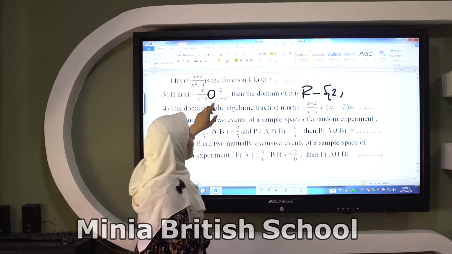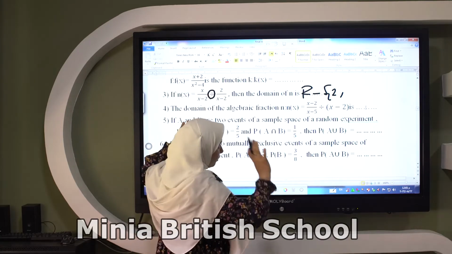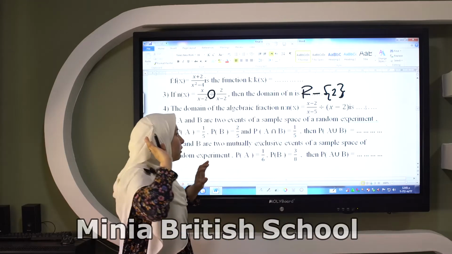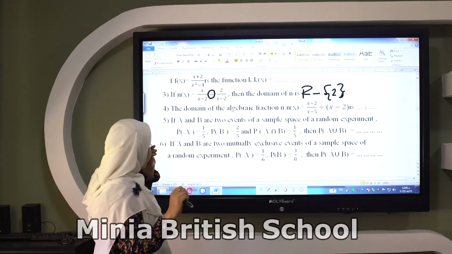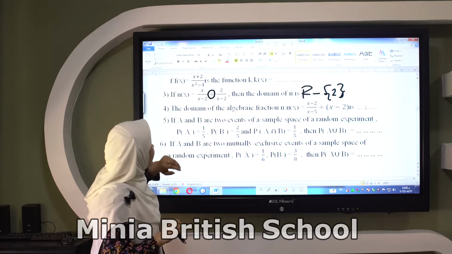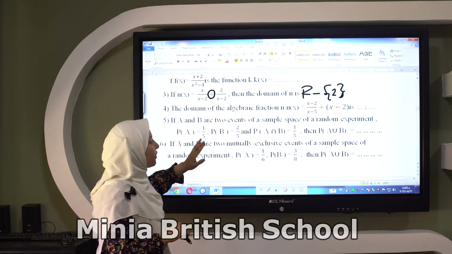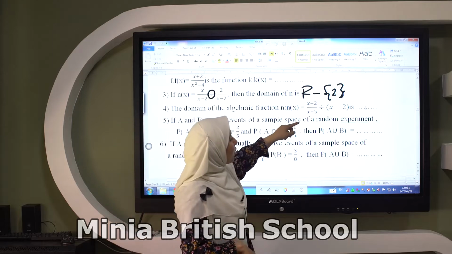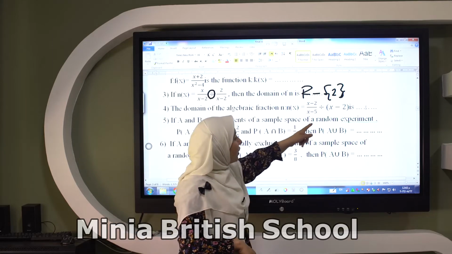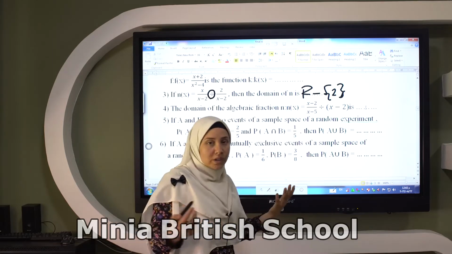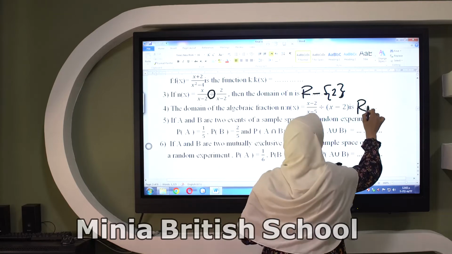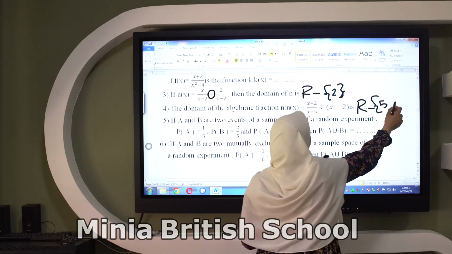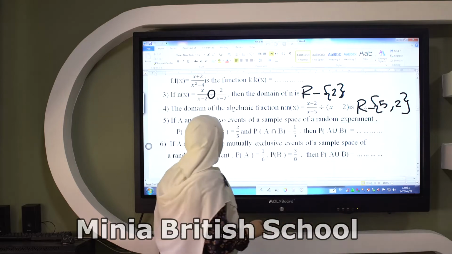Here equals 0, but here 2. I already wrote number 2. Number 4: the domain of the algebraic fraction n, where n(x) = (x - 2)/(x - 5) divided by (x - 2), is equal what? Except the zeros: 5 here, and here also 2.